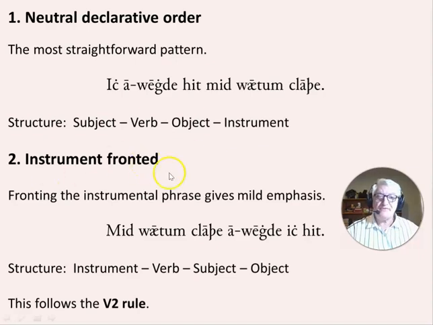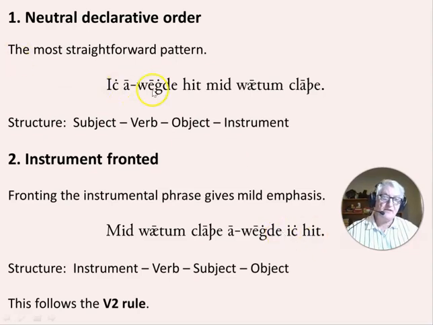Okay, now instrument fronted. Fronting the instrumental phrase, mit wētum clāþe, gives a mild emphasis. So in the conversation that's occurring, I may particularly want to emphasize the fact that there was a wet cloth involved. So I could say mit wētum clāþe āwēģde ich hit. Notice that I've got the instrumental phrase fronted, but then the verb goes second instead of the subject.